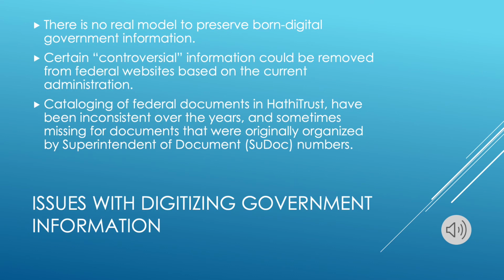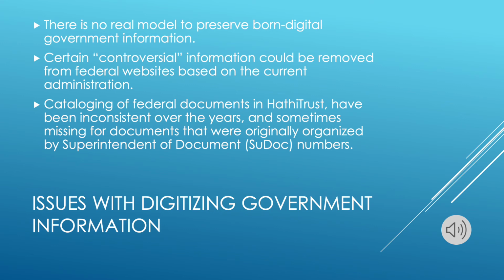Hello, this is Sarah Marren, and I will be discussing several issues with the Federal Depository Libraries digitizing federal government information. In terms of information preservation, there are several risks that come with a completely digital format for government information. For government information that is born digital or posted right on a federal website, there's no universal model for preserving it.